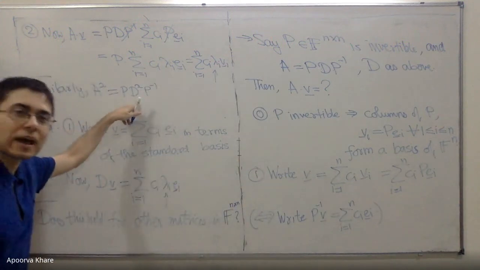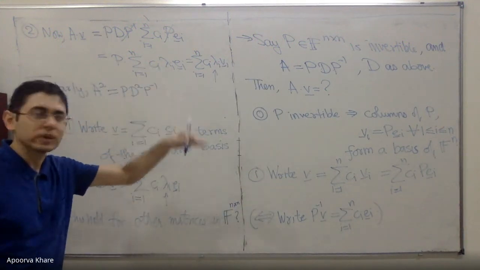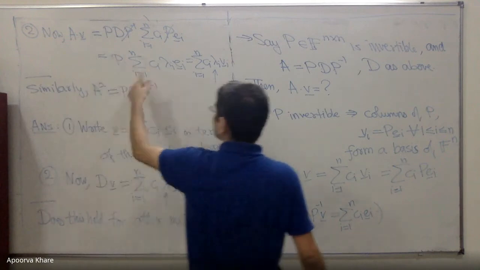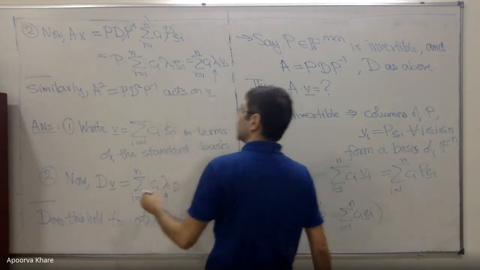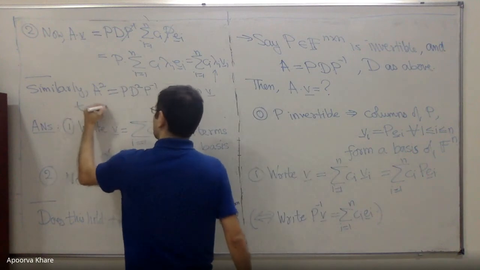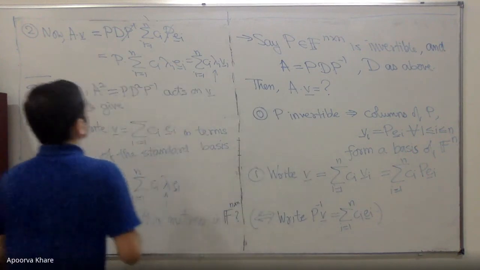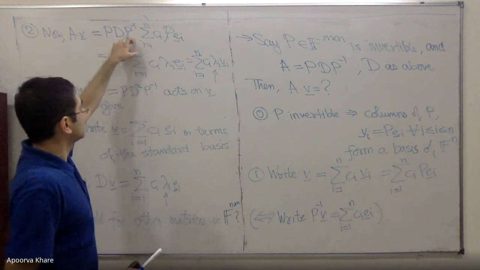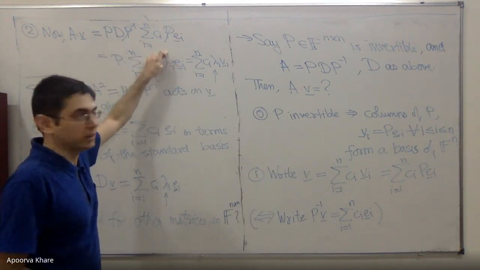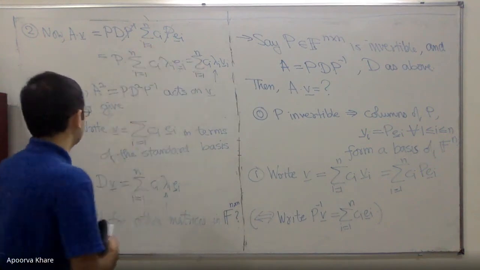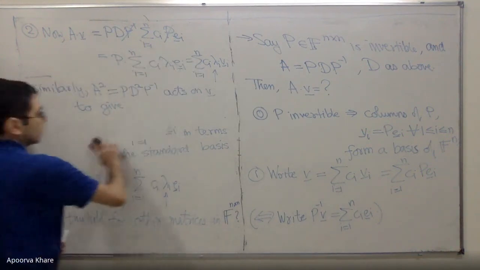So D squared is the diagonal matrix with lambda 1 squared, lambda 2 squared, and so on, right? And so when you multiply this thing by V, what would you get? Well, the P inverse would again cancel. Then you would multiply by D squared instead of D, so you get lambda i squared here. And then you multiply back by P. So you get the same kind of thing.